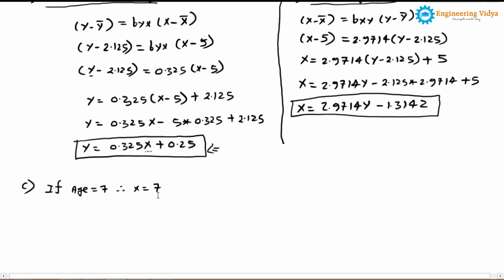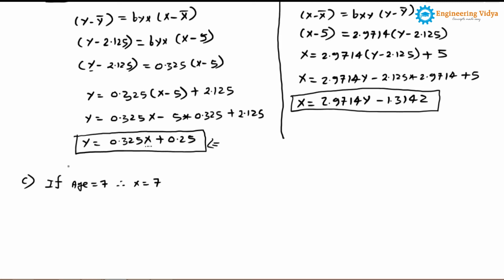So what we want to do now is put x equal to 7 in the line of regression y on x.